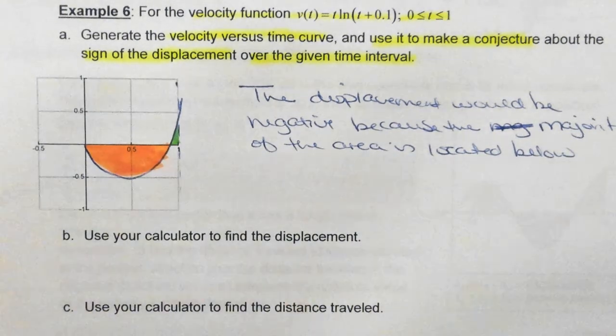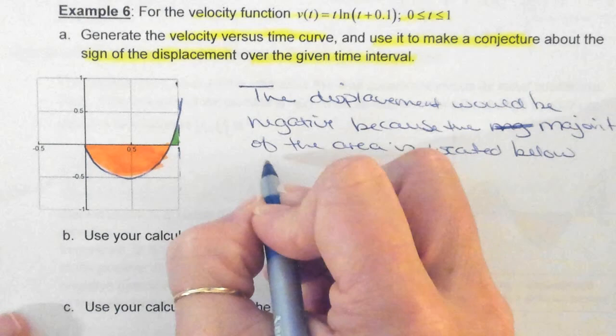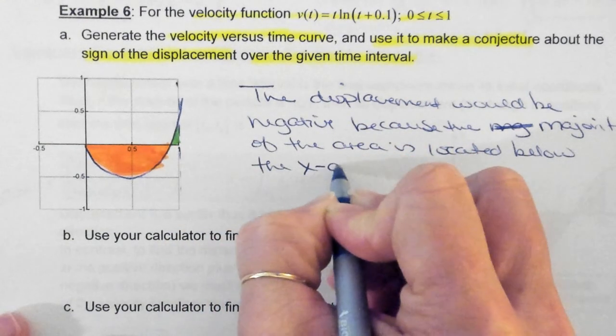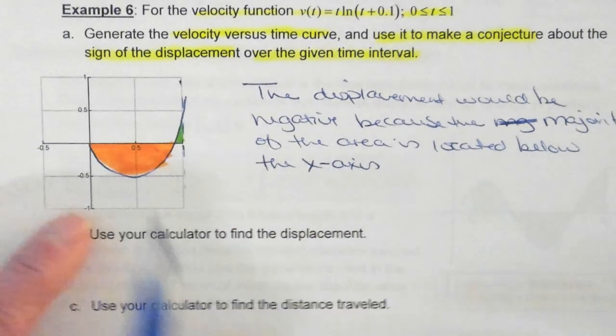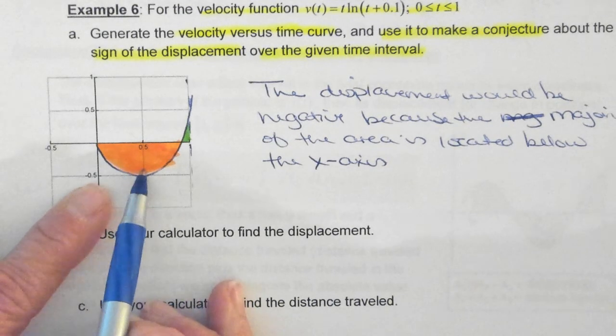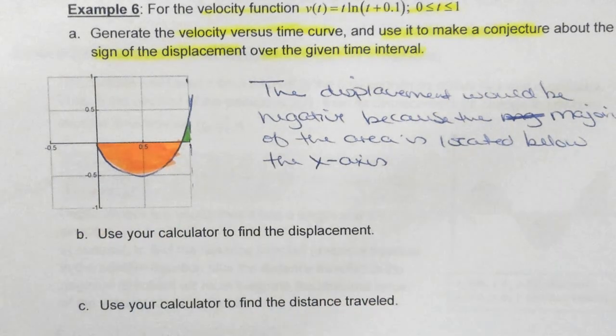Again, this is a conjecture, but we backed it up. Okay? So this is, my orange area is negative, my green is positive. So when you add more negative than positive, you're going to have negative.